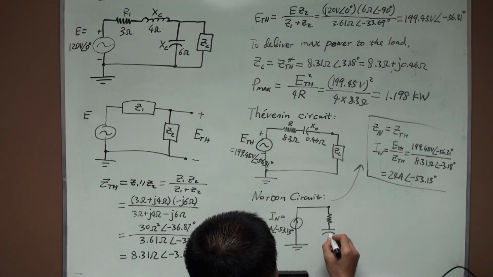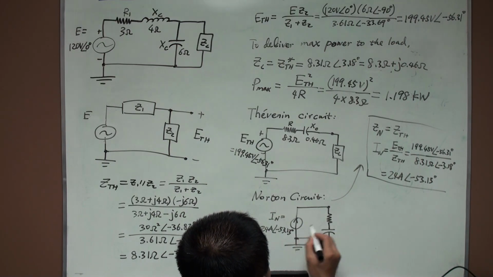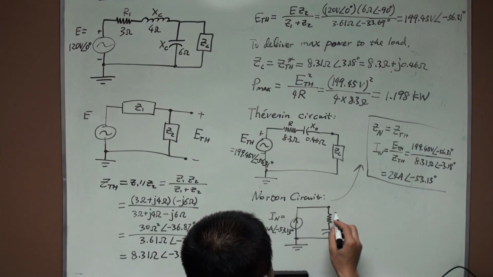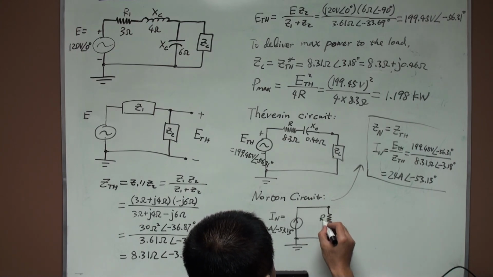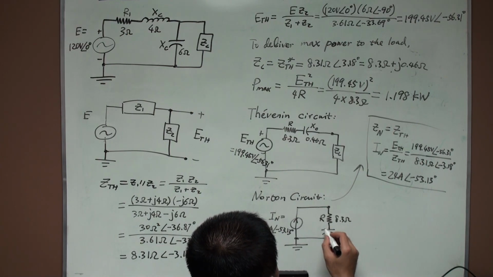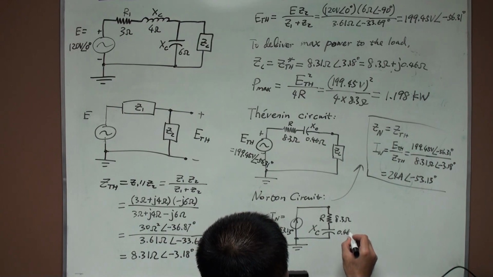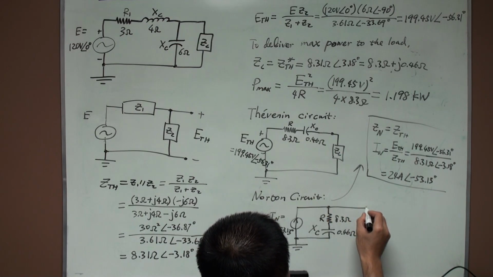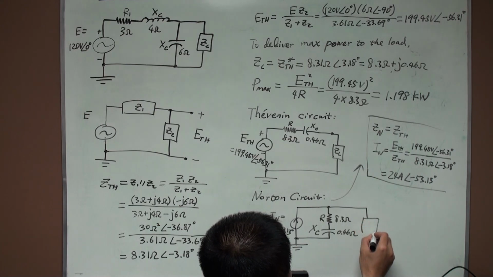Again, the Norton impedance is a combination of resistance R, which is 8.3 ohms, and XC, which is 0.46 ohms. And this will be the load.